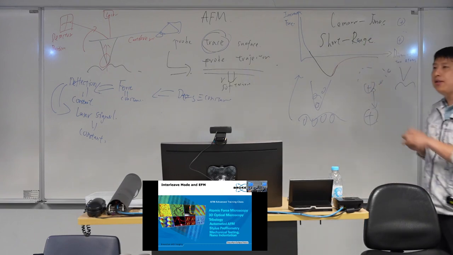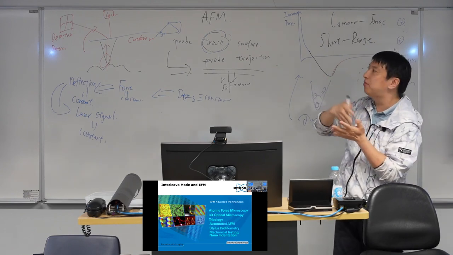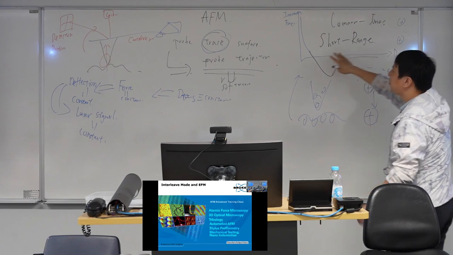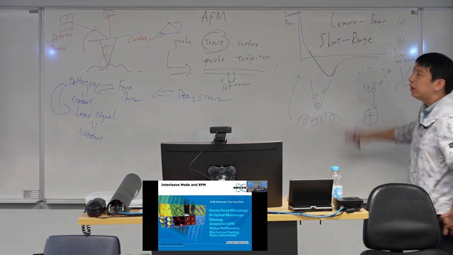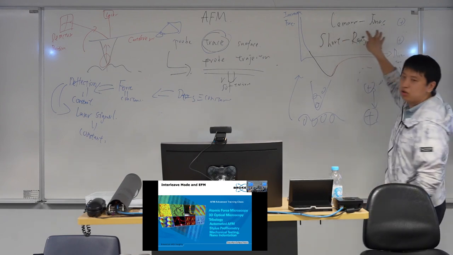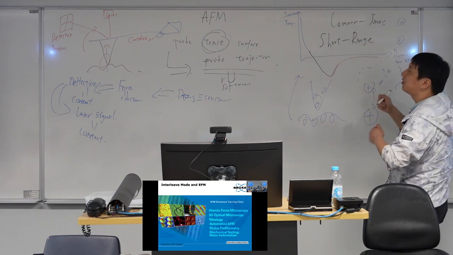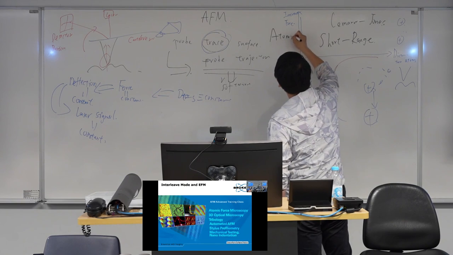It will only happen when the tip gets closer to the sample. And if the tip is away from the sample, this interaction is gone. So in our topic, we call this Lennard-Jones interaction force. We just gave it a nickname. We call it atomic force, okay?